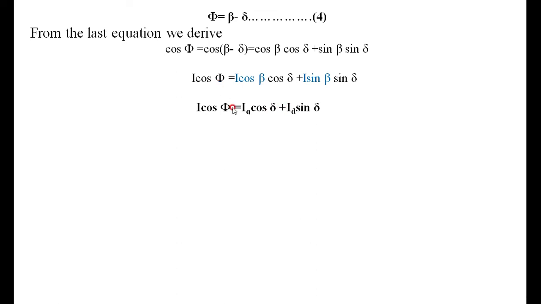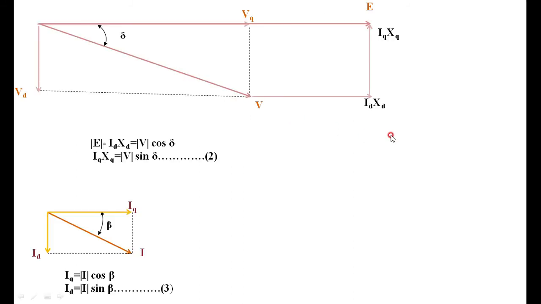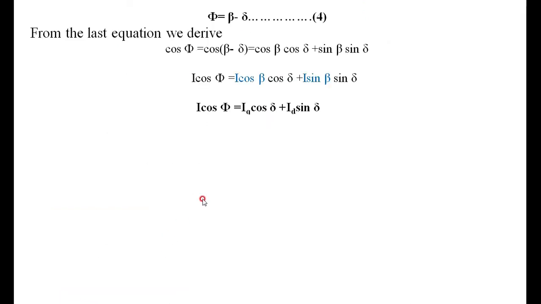Then this I cos beta is nothing but IQ, that is already derived, and I sin beta is nothing but ID, that is derived here. Same thing I substituted here, that is I cos beta is IQ and I sin beta is ID.